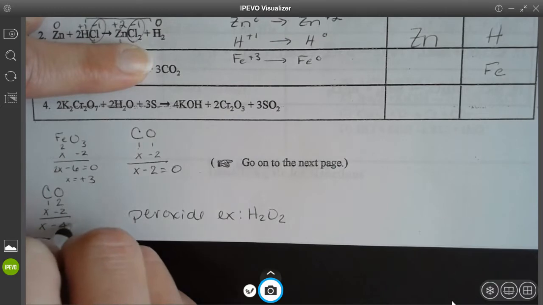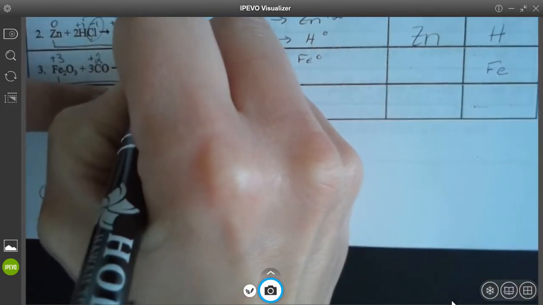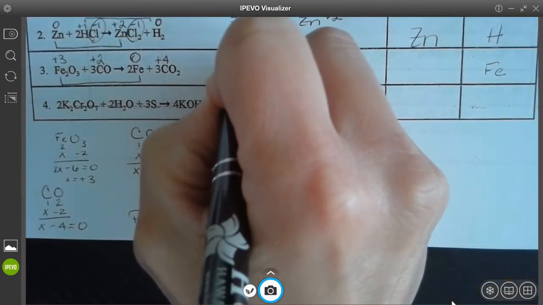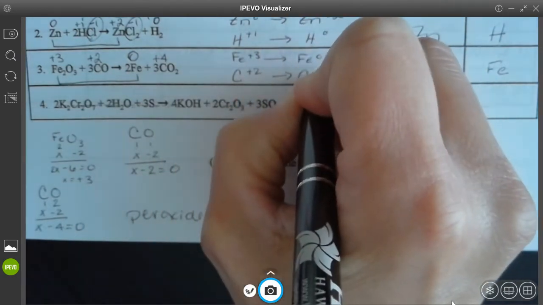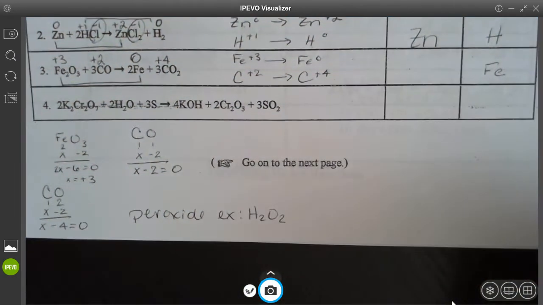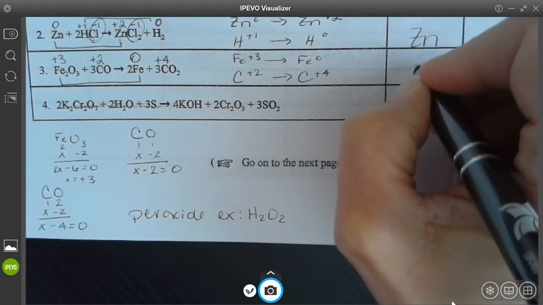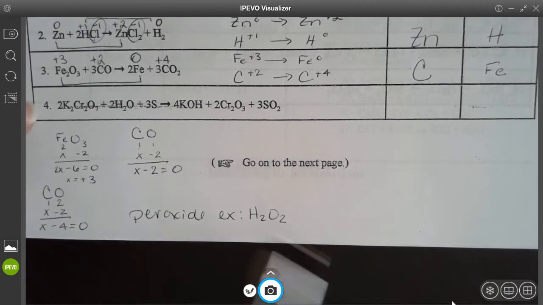X minus 4 equals 0, so X is going to be a +4. So carbon did change. Carbon's going from a +2 to a +4. We are being oxidized. We're losing electrons. Now, if I find one, do I have to find the other? Depends on the way the question is phrased, which you'll take a look at shortly.